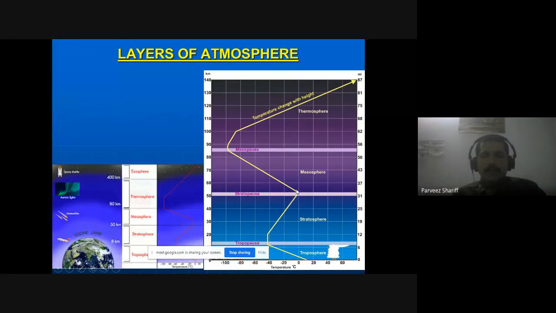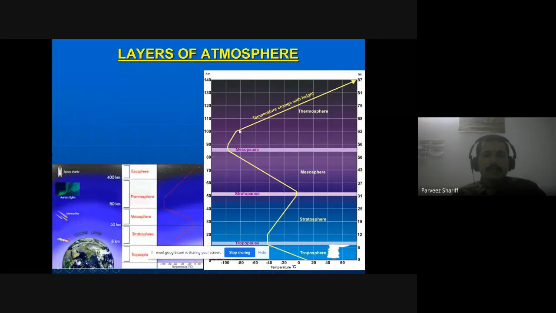In the stratopause, the temperature remains constant with altitude. But in the mesosphere, as we go higher, there is again a drop in temperature. And in the mesopause, the temperature is again constant with altitude.